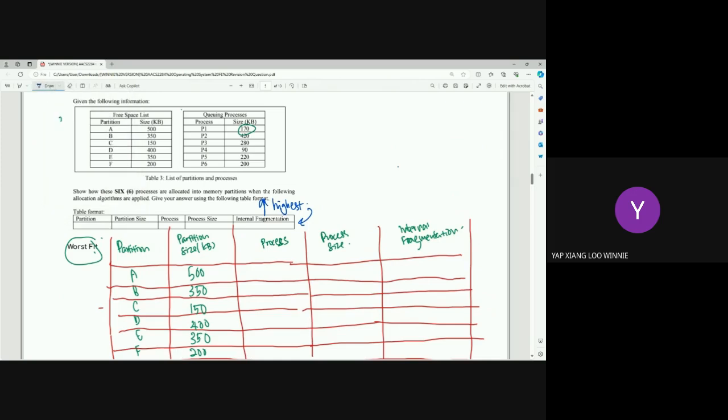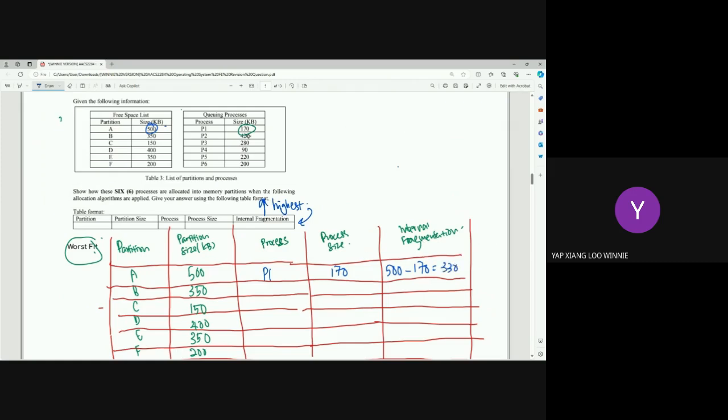Best fit is where we look for the closest value to 170 and put the process into that partition. Worst fit is where we look for the largest one, which gives us the biggest difference. So among 500, 350, 150, 400, 350, 200, it is definitely 500, so process 1 fits into this partition. And notice the internal fragmentation: 500 minus 170. Let me press my calculator, 500 minus 170. You see the fragmentation is the highest.